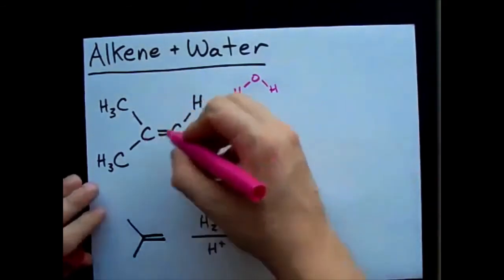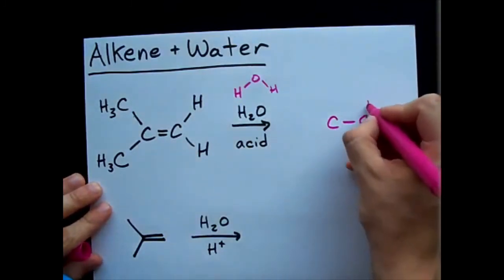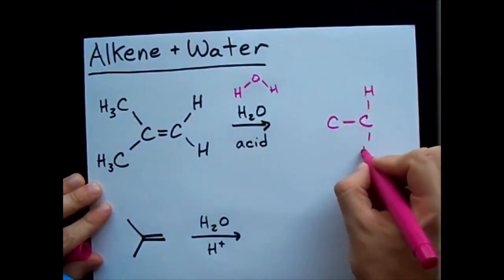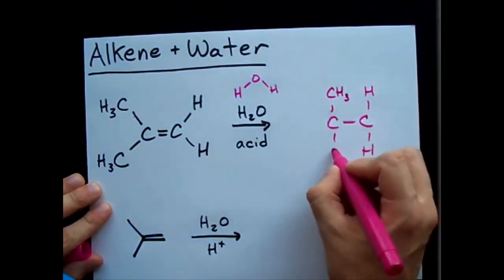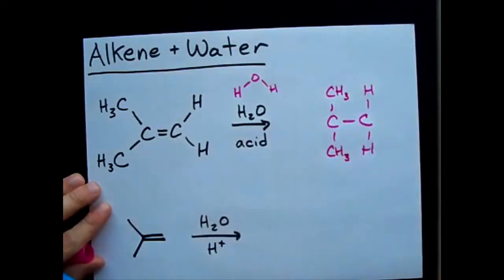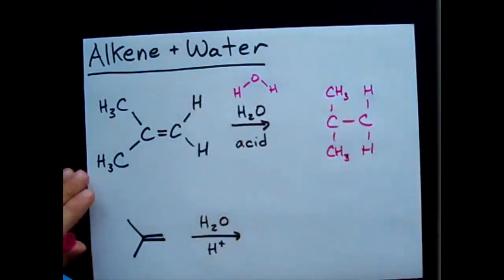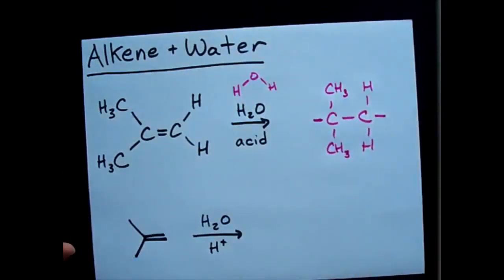Here's what I mean. Let's take a look. We've got our 2 carbons in the center connected to each other. The second one has 2 H's on it. The first one has a couple CH3s on it. Now notice I've rewritten the double bond as a single bond because we've broken open the double bond. That means we can attach something to each carbon.